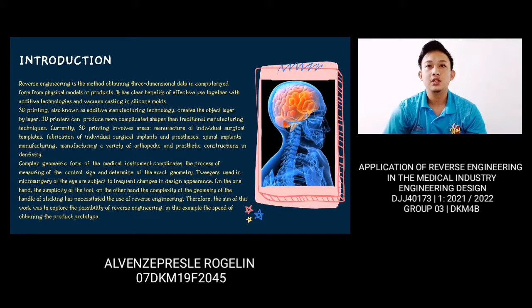Reverse engineering is the method of obtaining three-dimensional data in computerized form from a physical model or product. It has the clear benefit of effective use together with additive technology and vacuum casting in silicon mold. 3D printing, also known as additive manufacturing technology, creates the object layer by layer.